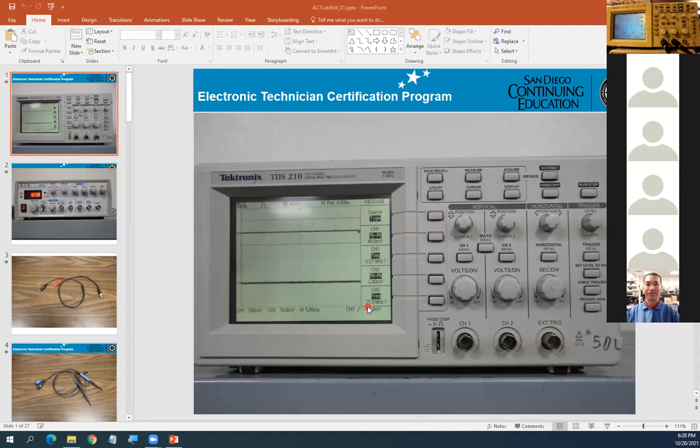You can get the first window to measure the peak to peak, the second window frequency, the next window VRMS, the next window period. All of those will be channel 1, not 2. We don't need channel 2.